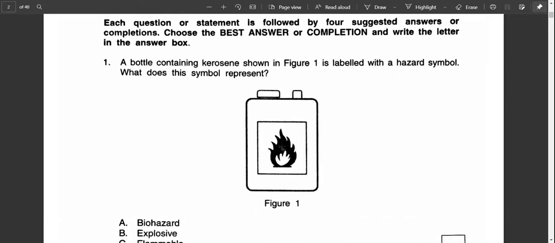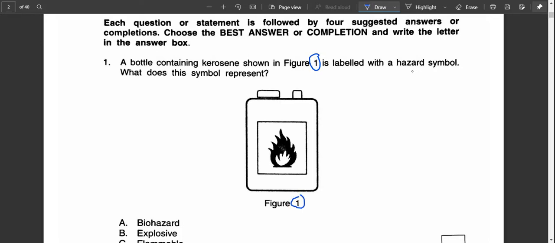A bottle containing kerosene, shown in figure 1, is labeled with a hazard symbol. What does the symbol represent? So always find the keywords in the question. In this case, you have to pay attention to figure 1.